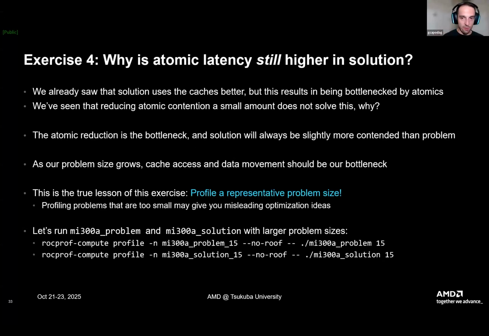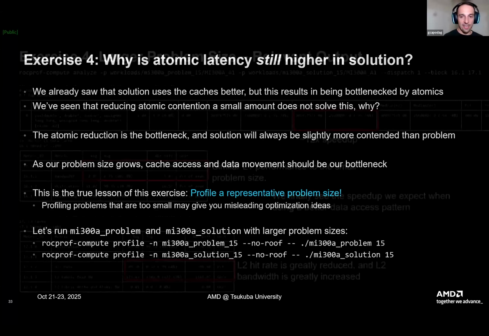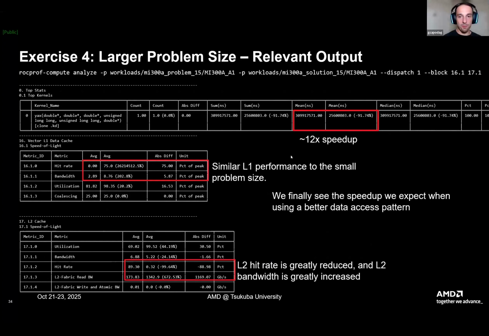And I was thinking about problem size because at times, like in this case, if the problem size is too small, then you may get some misleading leads in your optimization quest. And after increasing the problem size, then we actually do see that we got the speed up that we were expecting.